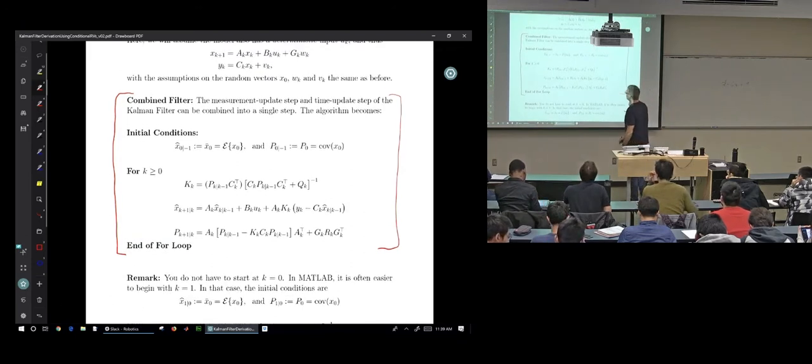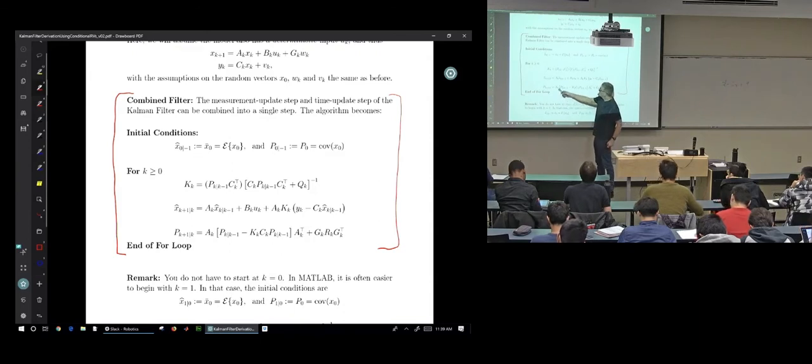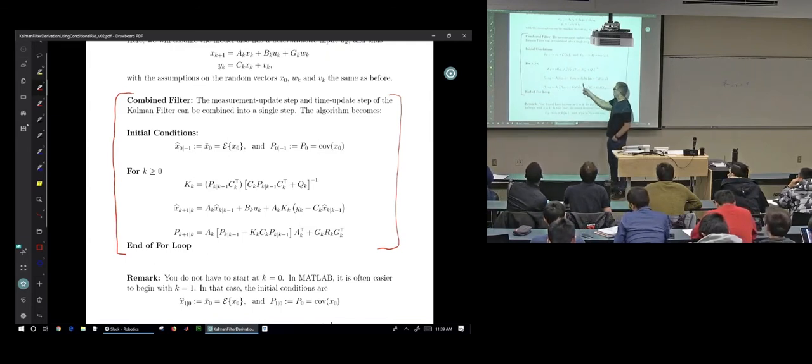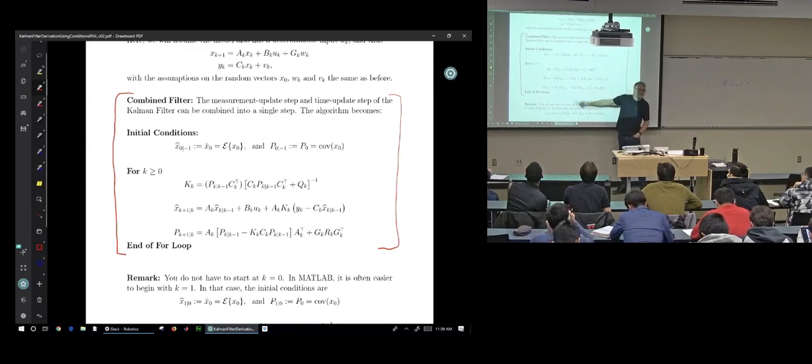If you look through this, this is a form of the Kalman filter that is what most people implement. They don't separate out the measurement update and then the time update. They combine them into one overall equation, and look, here I put a control.